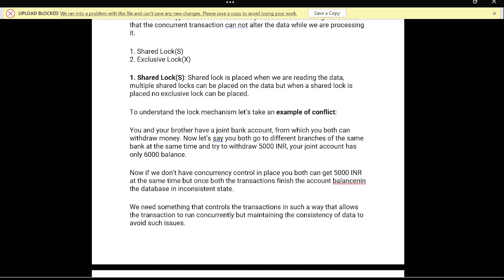Only after the shared lock is finished can you perform an exclusive lock. You can't do both operations parallelly, at a time. So n number of shared locks can be applied, like 10, 12, however many you want to put on your bank account. Whenever a shared lock is in action, an exclusive lock should not come at the same time.